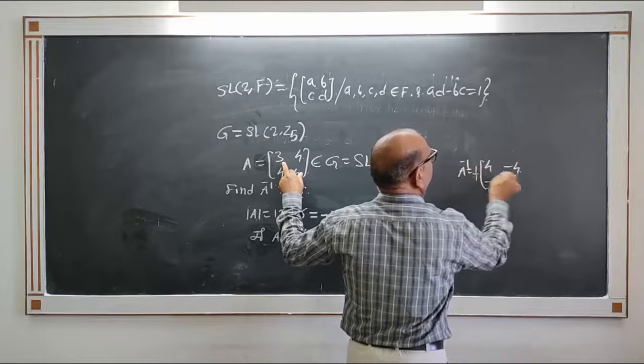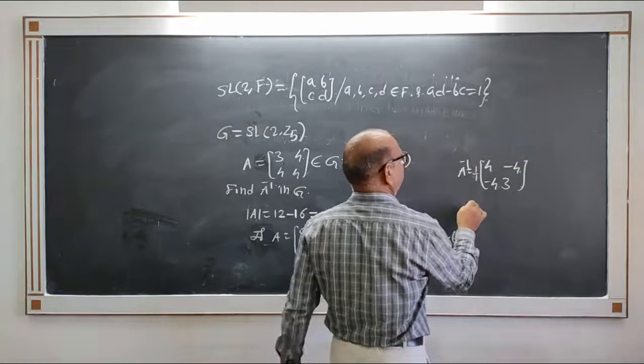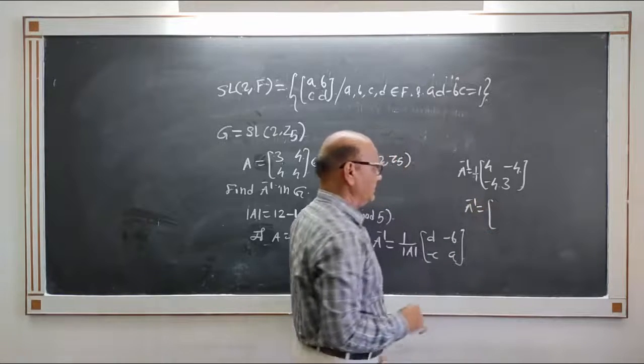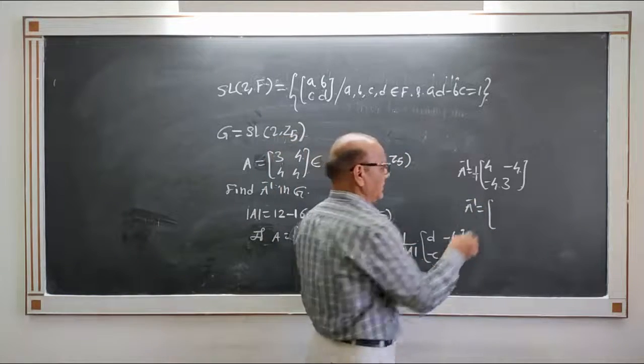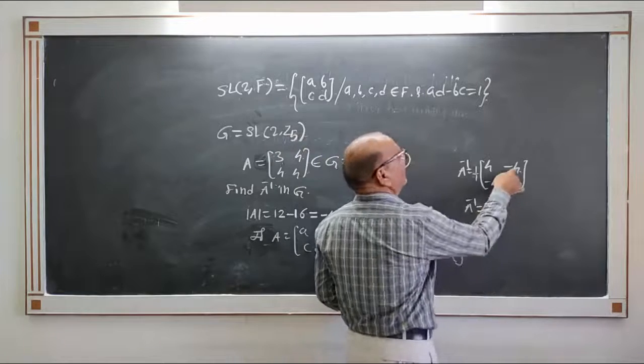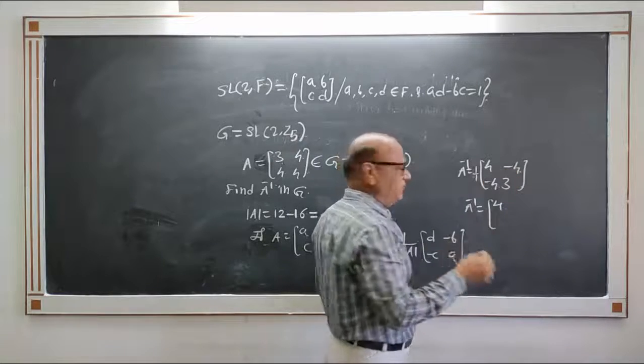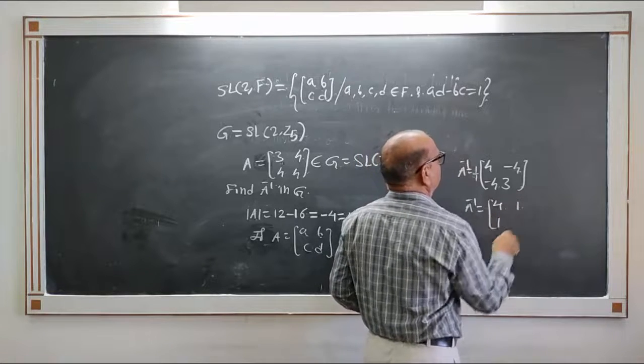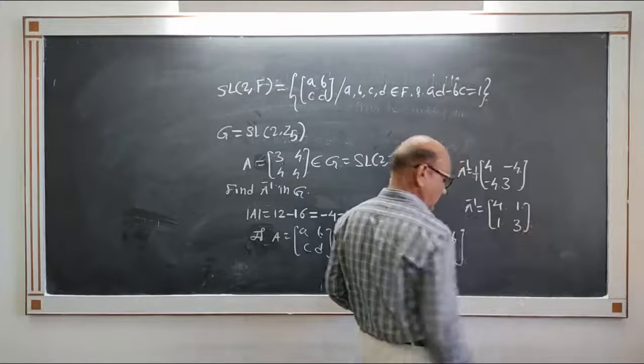That means A inverse is the matrix 4, 1, 1, 3 in Z5, since minus 4 means 1.